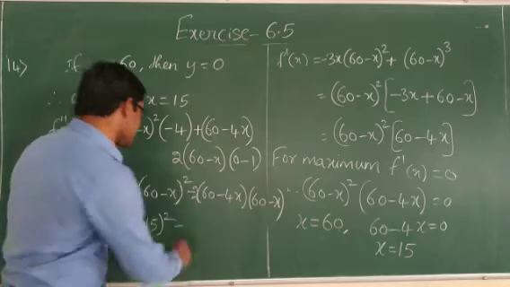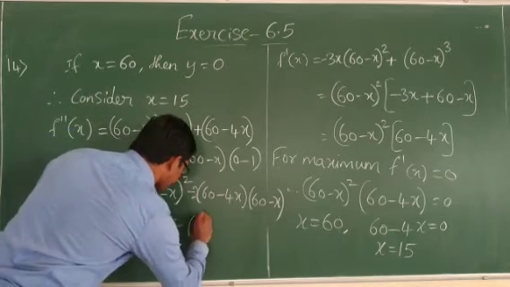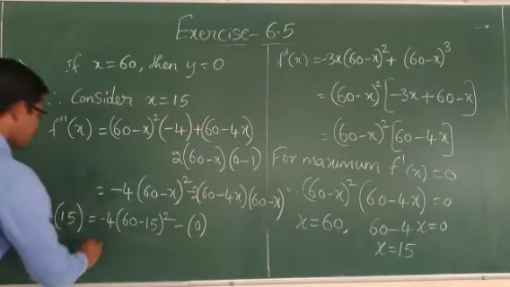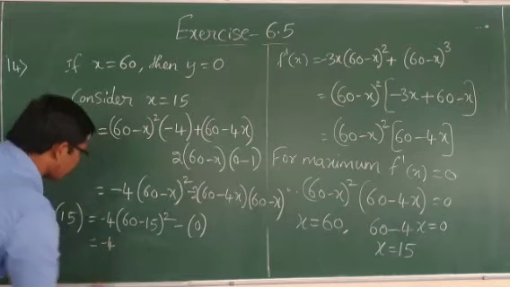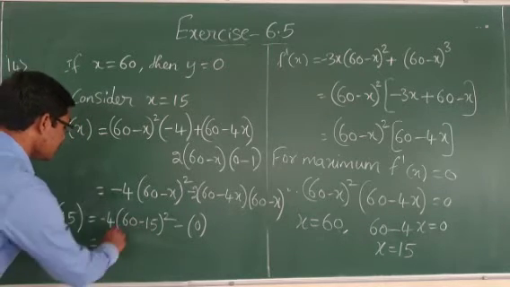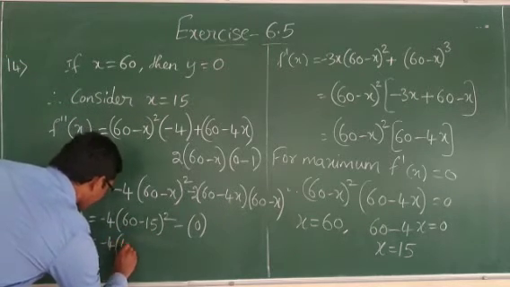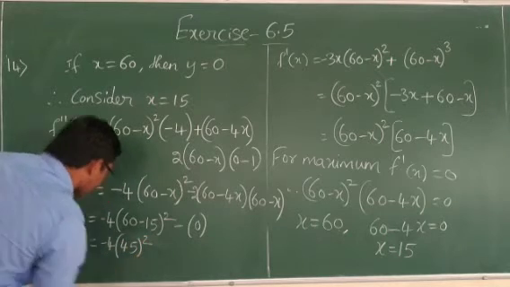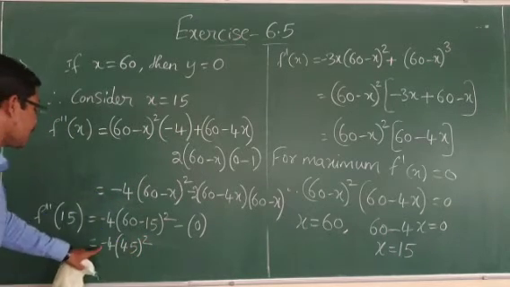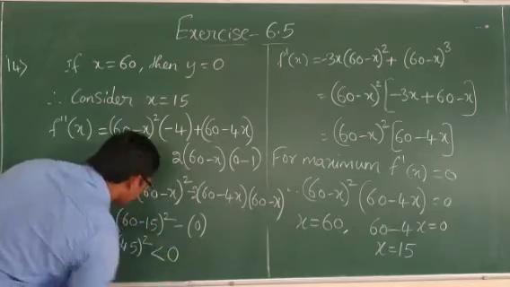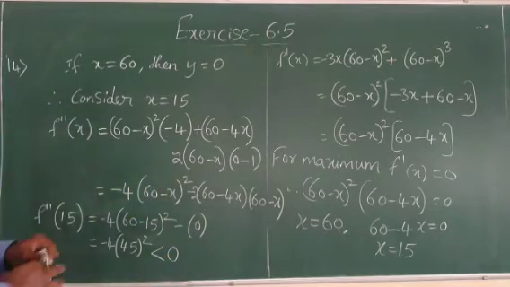So 60 minus 60, this will become 0. So overall if you observe, this is minus 4 into 60 minus 15, that is 45 whole square. This is positive into negative, which is less than 0.